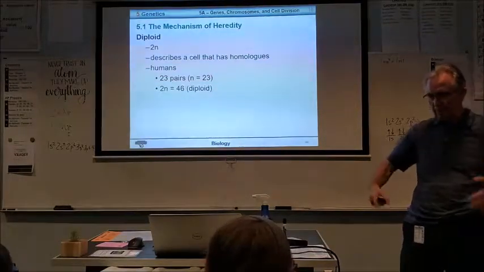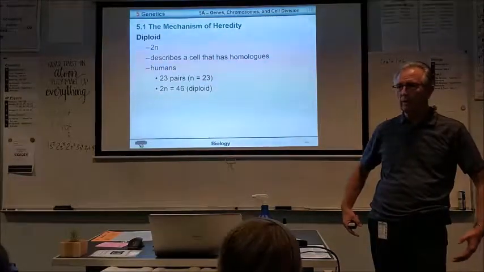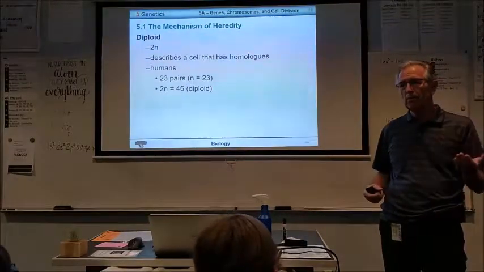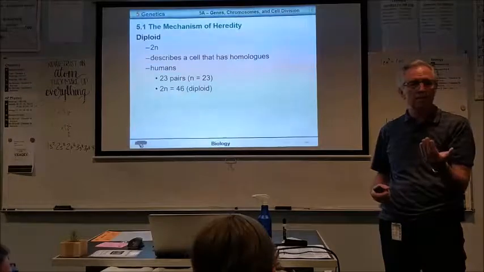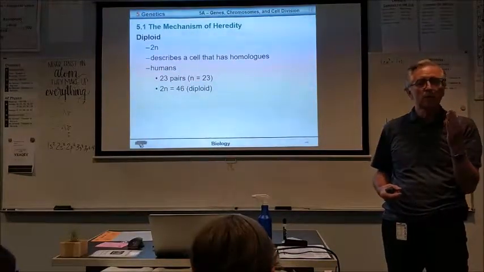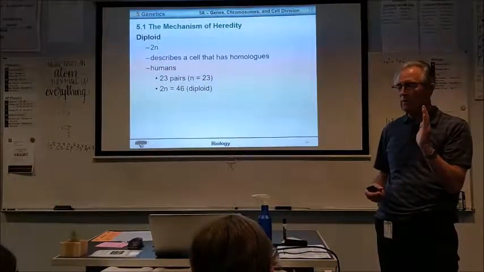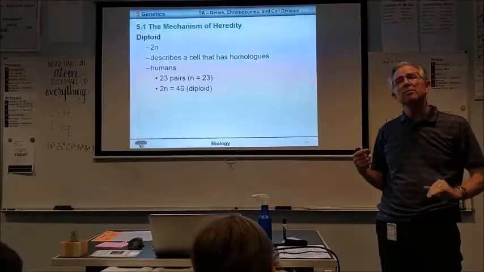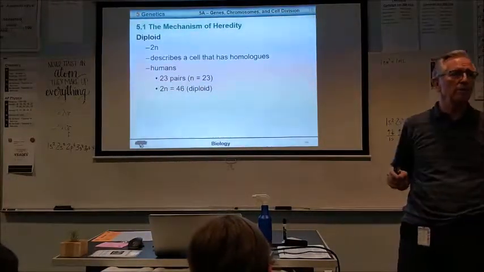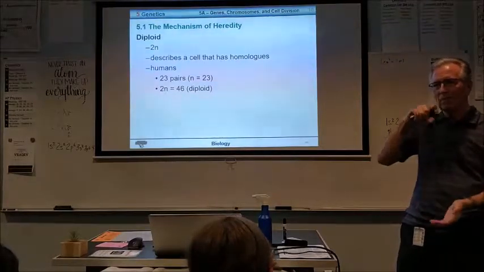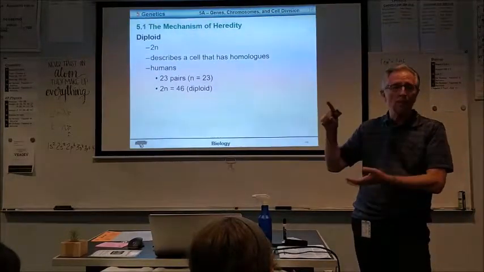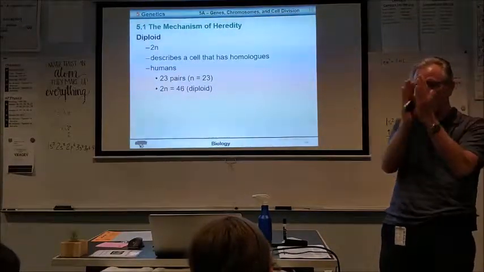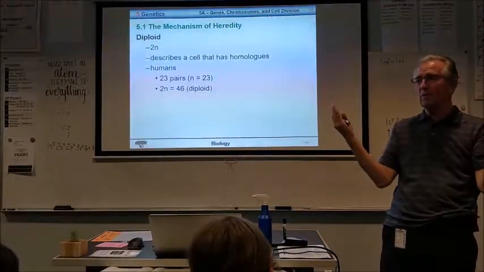Every cell in our body is diploid, with the exception of the sex cells that our body makes. Sperm are only half that, so we only have 23 chromosomes, not 23 pairs, just 23. 23 different ones, not just any 23. 23 of each kind, and then mom produces 23 as well, and when we put the two 23s together, we're back to 46 again.